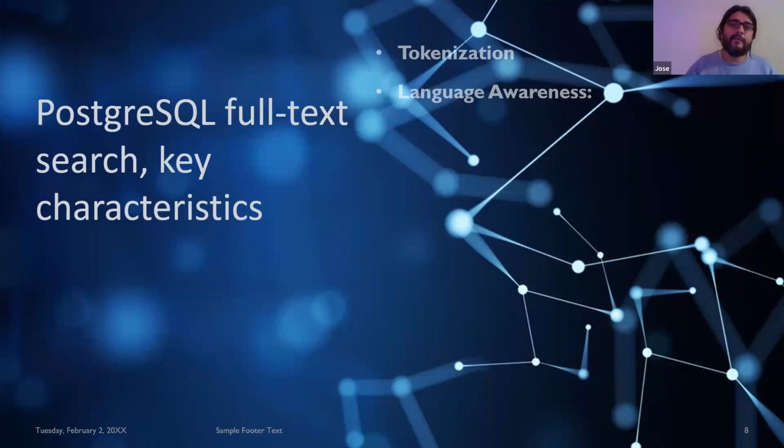Or you can say something like, these documents from a specific table are more important than from table B. So it means that the ranking will be different depending on which table the records are.